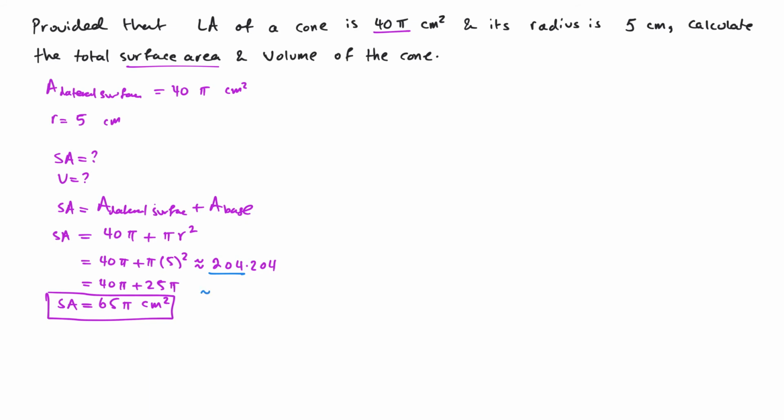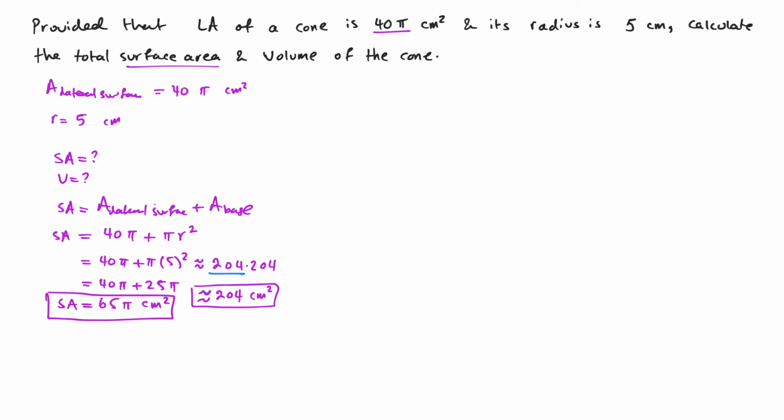So my final answer, right in purple, is 204, or approximately 204 centimeters squared. So you can leave your answer as this, or you can leave it as an exact value of 65 pi.